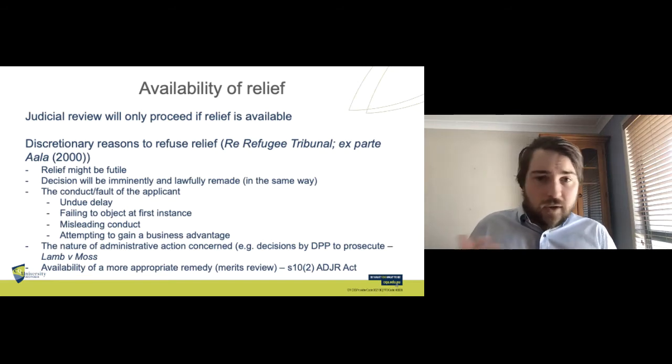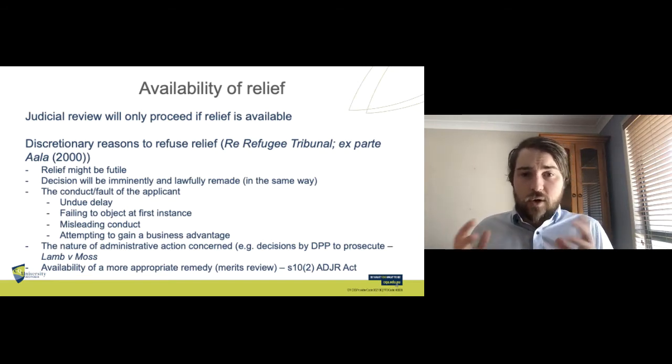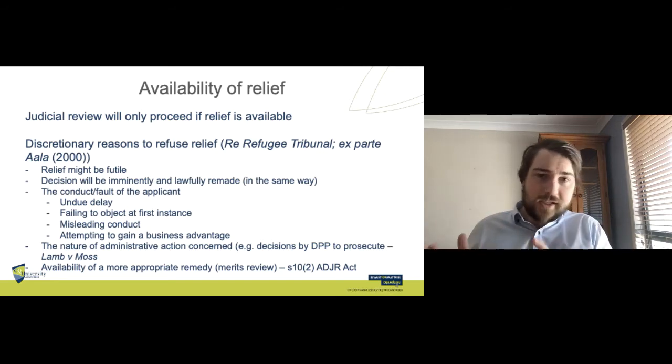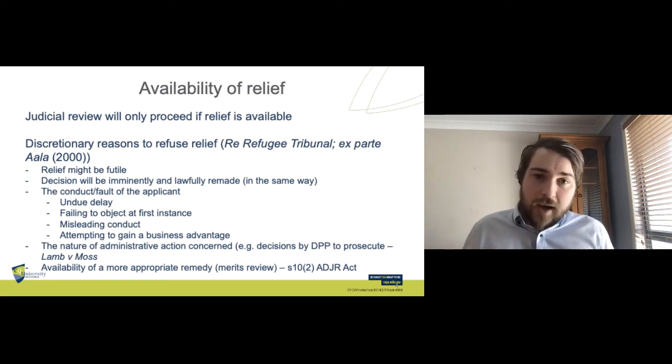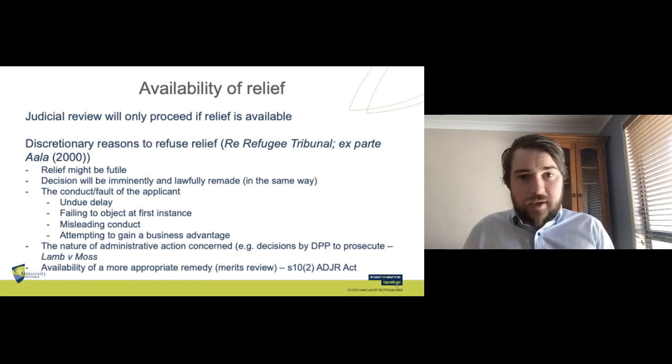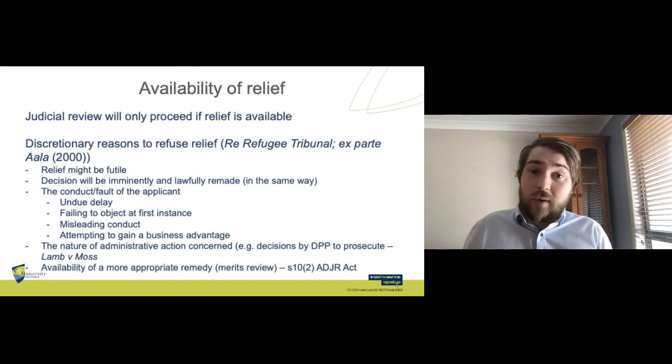But on the evidence, it looks pretty clear that even if the court set the decision aside and sent it back to the decision maker, it would be completely open to the decision maker to make the exact same decision. They just do it properly this time. And so if it's going to be completely pointless and the decision maker will just make the exact same decision again, then, again, we're sort of asking, well, why would you bother in the first place?